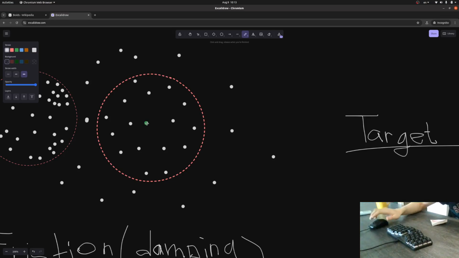I don't like this idea. I like to introduce some kind of private radius around each boid, and only in this private radius I will compute the separation force. From this boid I will separate, from this boid, from this boid, and from this boid, and only from them.